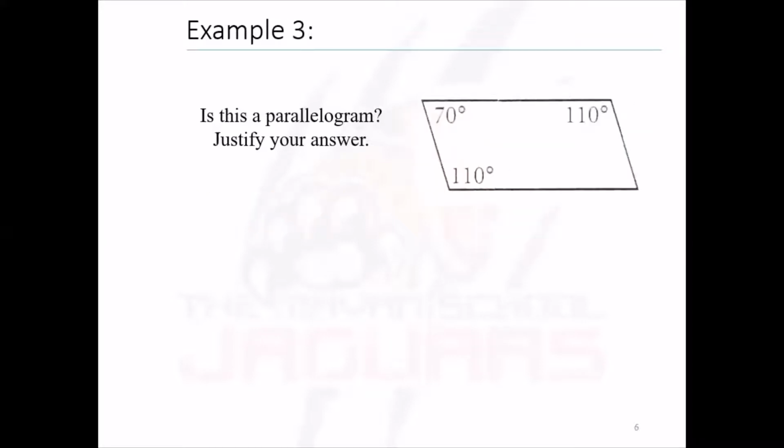Example 3. The figure that we have over here, is that a parallelogram? Think a little bit. Let me make some writing in here. As I did before, let me label these vertices. Let me call this E. Let me call this D, F, and G. I have the measure of the angle E, that is 70 degrees.